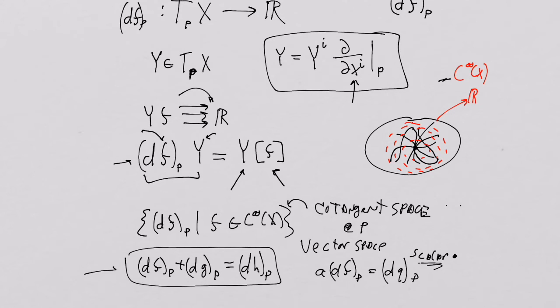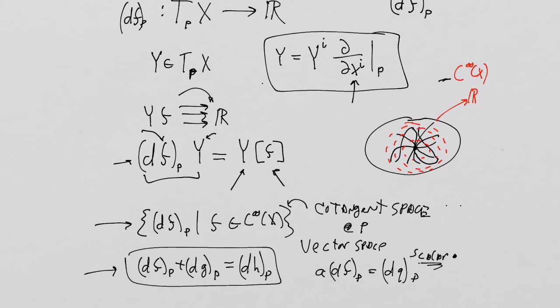I'm not going to prove the vector space nature of all this stuff. It's actually a little bit easier for the cotangent space, I think, but otherwise it'll be another hour-long lecture. But this is a vector space, and it has the same dimensionality as the tangent space.